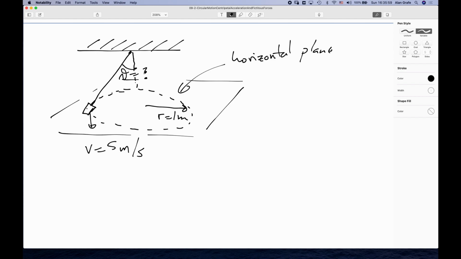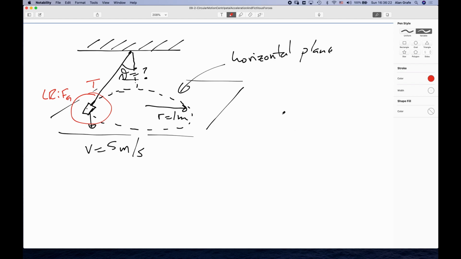Okay, so once again here we can do a force identification diagram on our stopper. So draw a circle around the stopper. It cuts through the string, so there's a tension. That's it. Long range force, the usual suspect, gravity. And we're neglecting air resistance and all that good stuff.